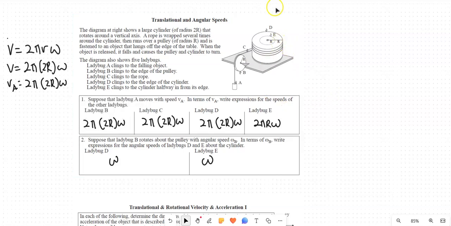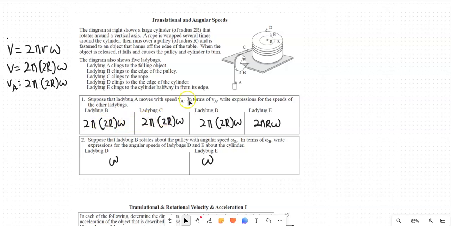So again, since this big wheel is determining all of the velocities here, the velocity of this is the circumference of the wheel times how fast it's spinning. This little ladybug is moving at that speed. That speed also determines that this is turning at that speed, and that means this is dropping at this speed.